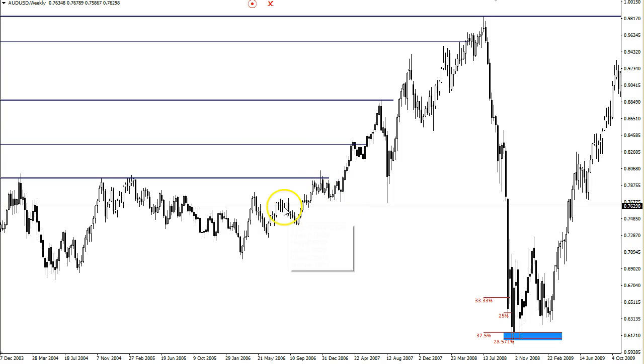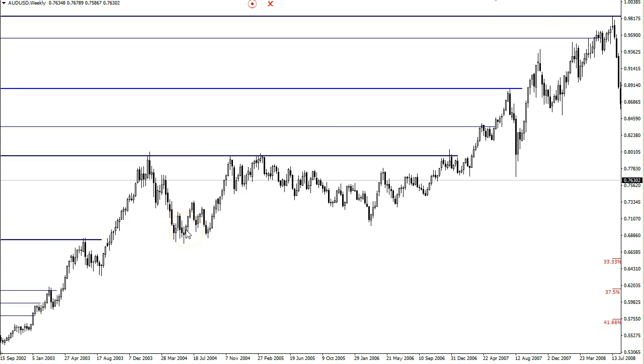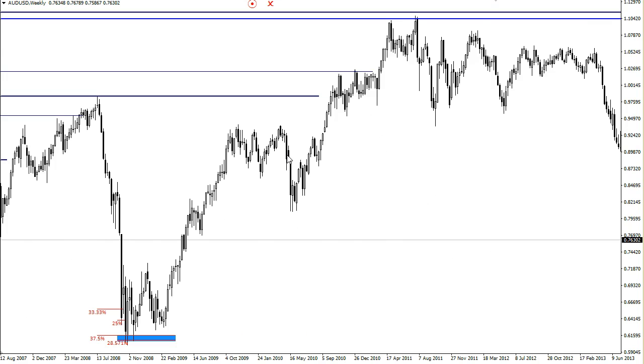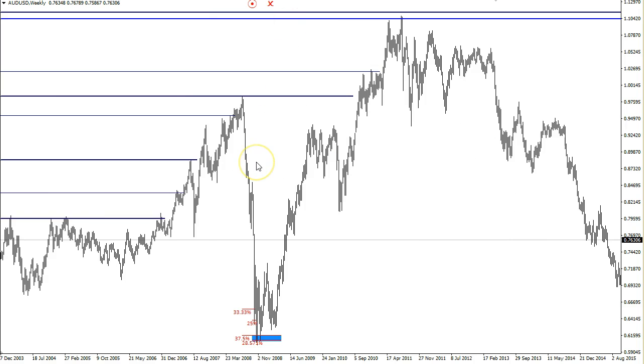So by understanding these moves, you can make good money. So I'm just going through the major levels, but in the future when we do signals, I will explain it also in detail.